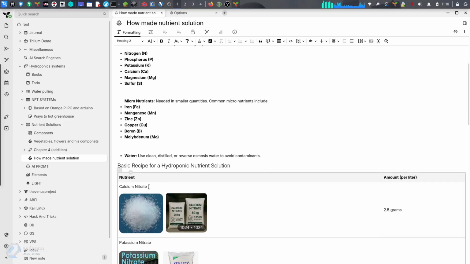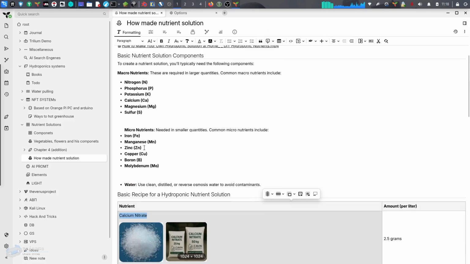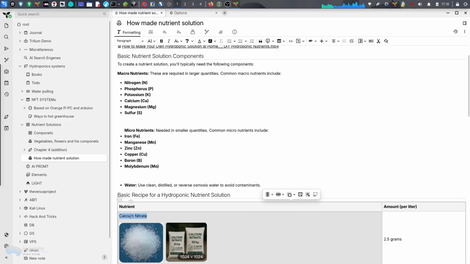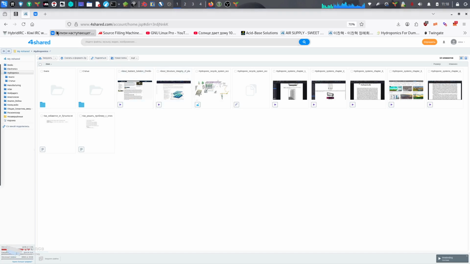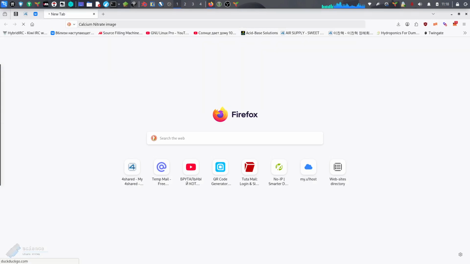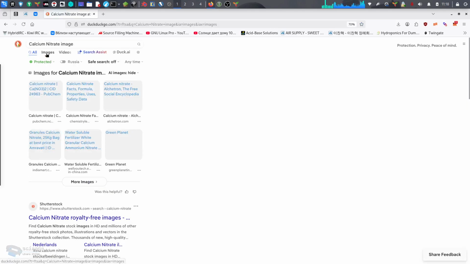I want to say that calcium nitrate has these micronutrients or macronutrients. Every element has these nutrients, macro and micro. I think this is a macronutrient, and a macronutrient contains micronutrients. I think I understand what this means. Calcium nitrate image. Let's find a chemical formula.